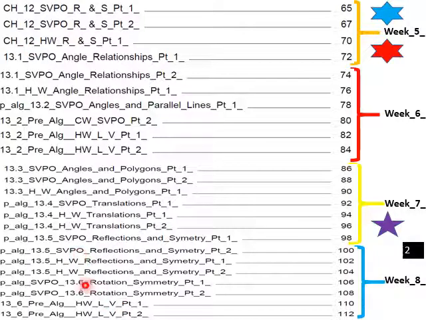And then rotation symmetry, 13.6. And there is homework for that, part 1, part 2. You can see all these lessons on my YouTube site. If you go to Rough Math videos on YouTube, you can preview all these videos, and PowerPoint will be available.